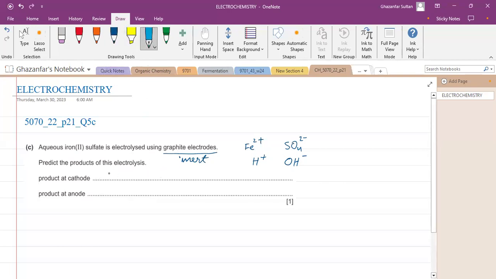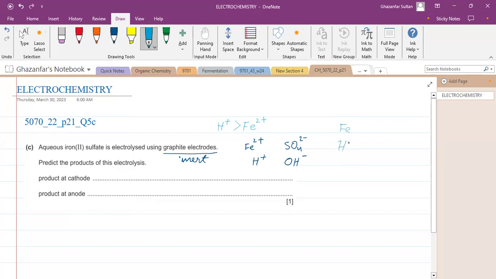So the product at cathode. The cathode is negative. So which of these ions will preferably go to the cathode? Definitely the hydrogen ion is less reactive than iron. So that's why hydrogen ions are preferably reduced at the cathode. Or in other words, in the reactivity series, iron is above hydrogen.